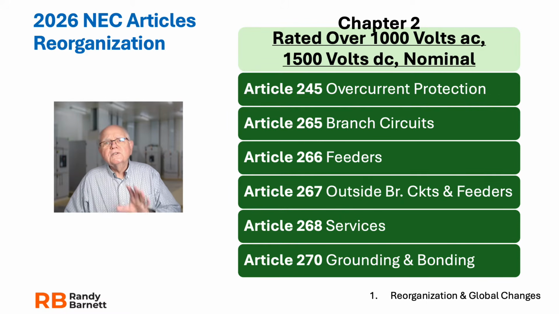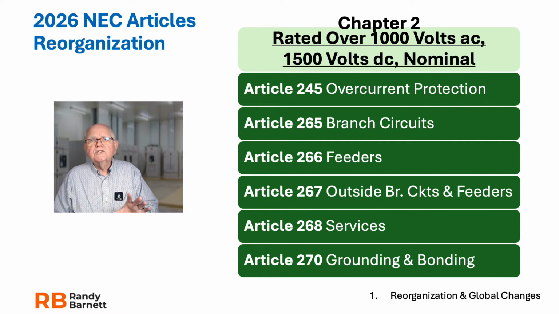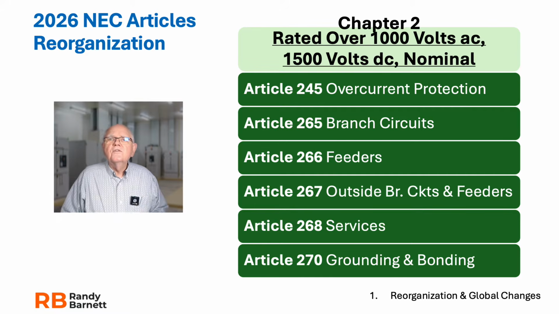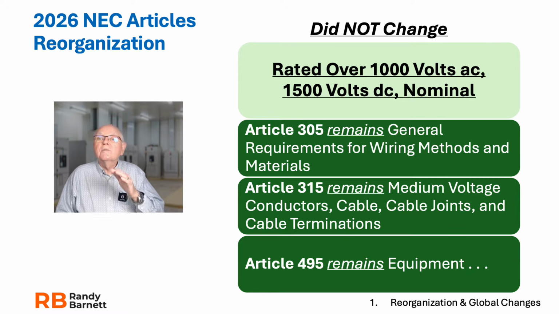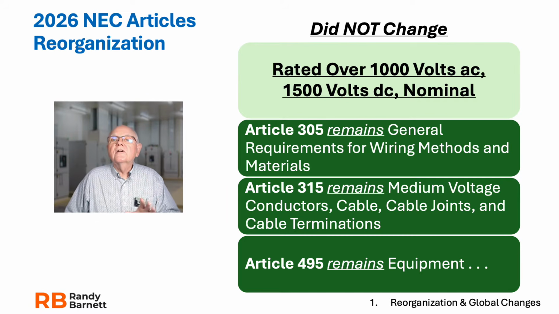And so once again, if you're going to be installing that medium voltage switchgear, working on anything over 1000 volts, you're now going to find that information grouped together for you in those articles. We still have Article 305, which is the general requirements for wiring methods and materials over 1000 volts AC, 1500 volts DC.